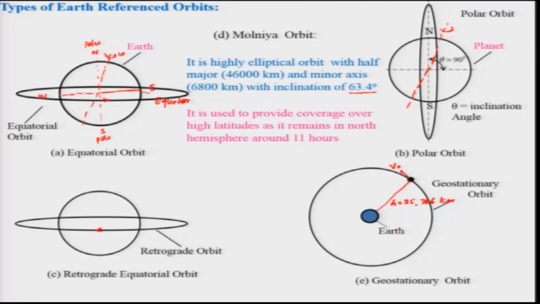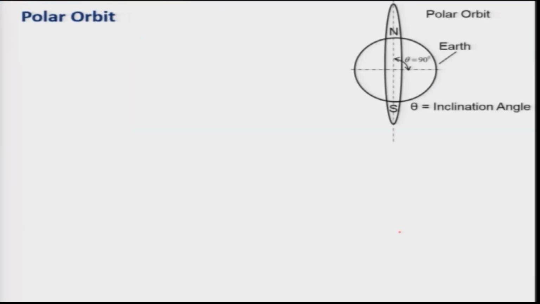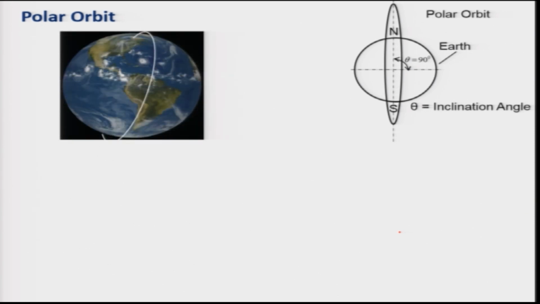Now, we will discuss the polar orbit. As I told, in the polar orbit the inclination angle between the equator and the orbit is around 90 degrees, and this shows the image of that.